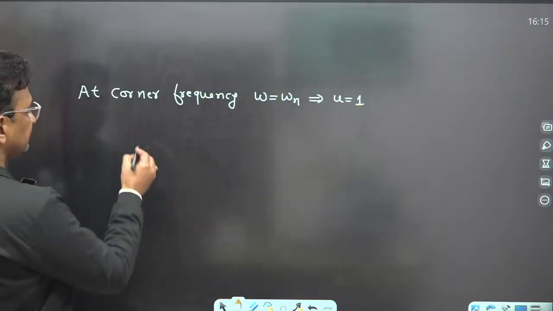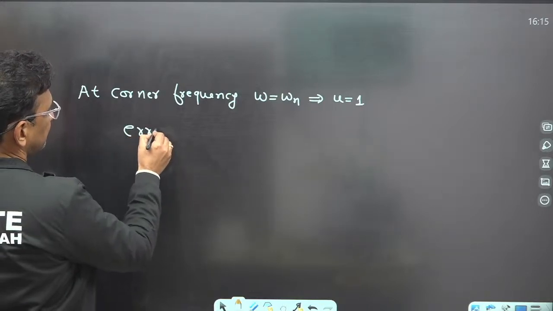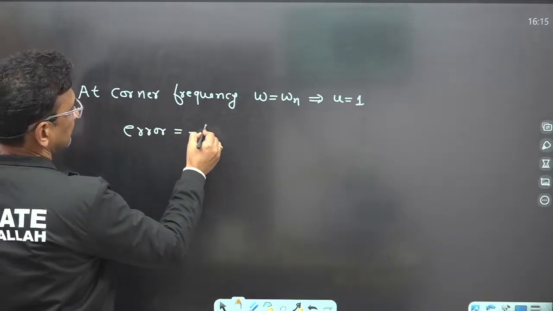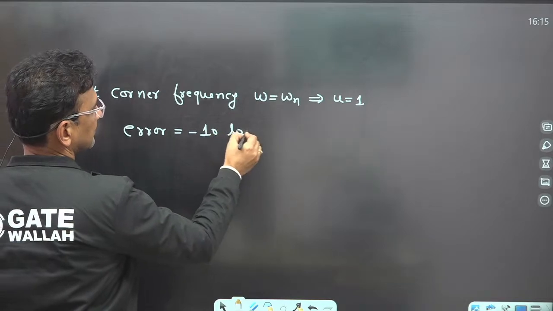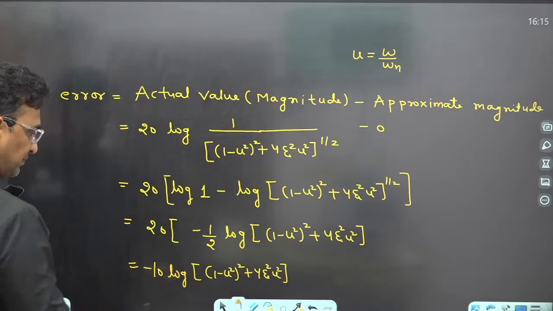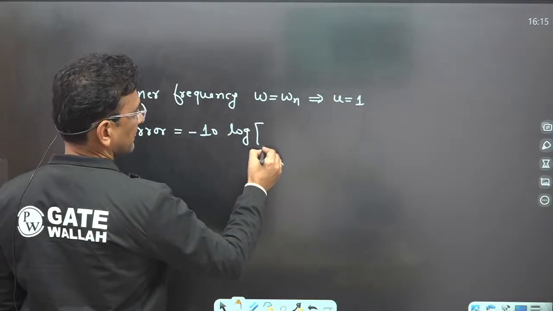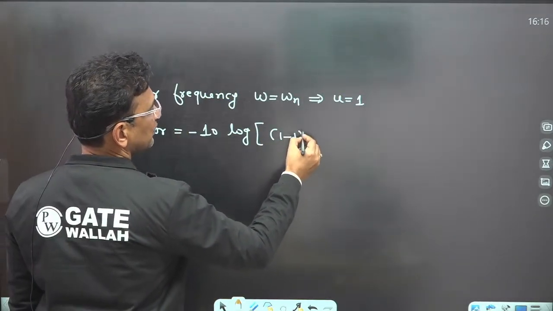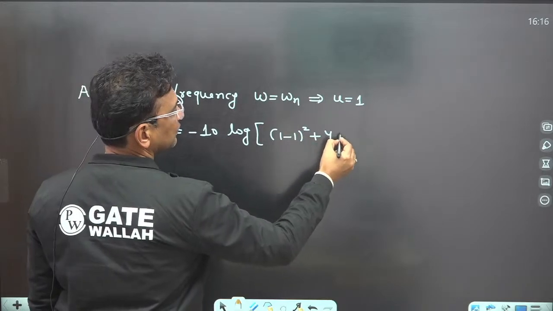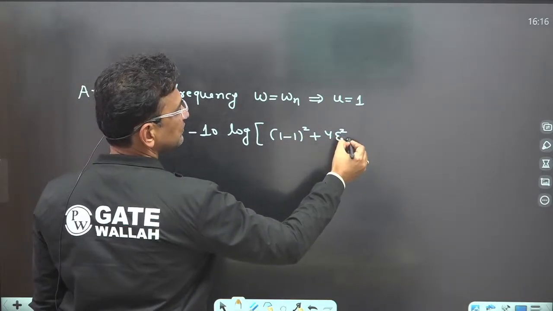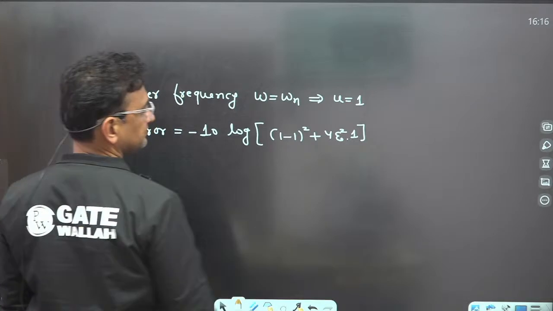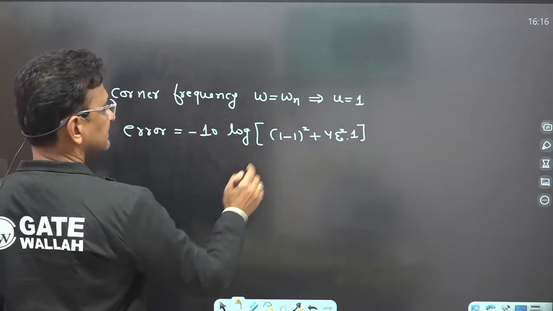So this error will be minus 10 log. If I put u equal to 1, it becomes 1 minus 1 square plus 4 zeta square, and u square is 1, so it is 1 only. Clear? 1 minus 1 is 0.